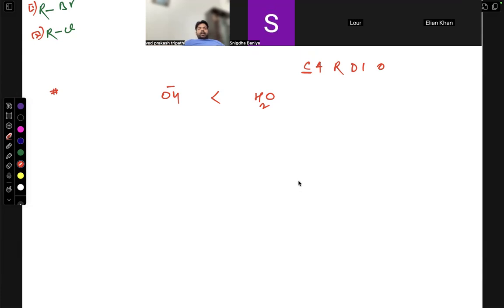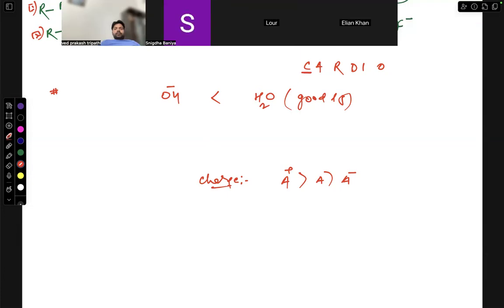Positive charge is the most acidic, then neutral, then negatively charged. So if you compare between negative and neutral, neutral is more acidic. That means H2O is a weak base, so it is a good leaving group. Makes sense? H2O is a good leaving group. Please tell me everyone. It makes sense.